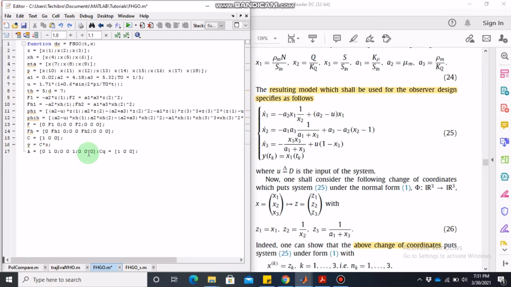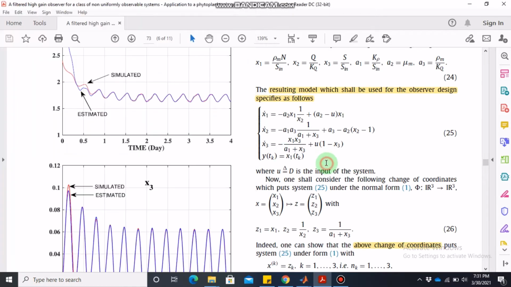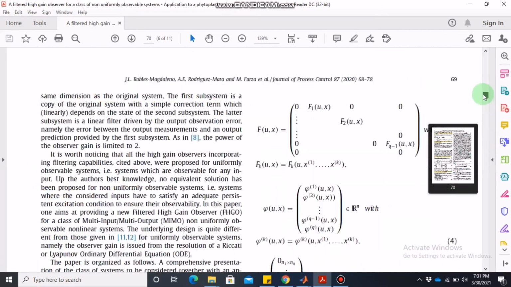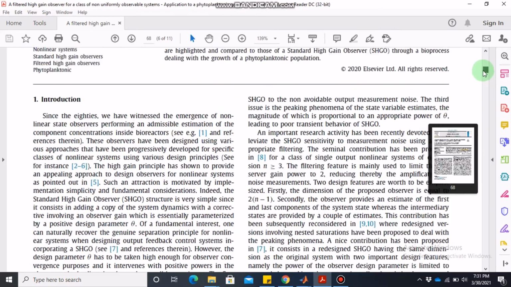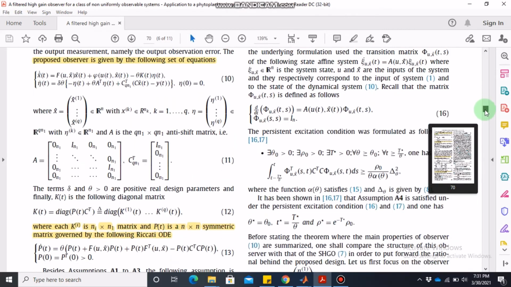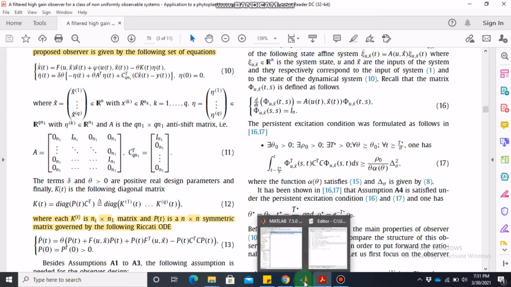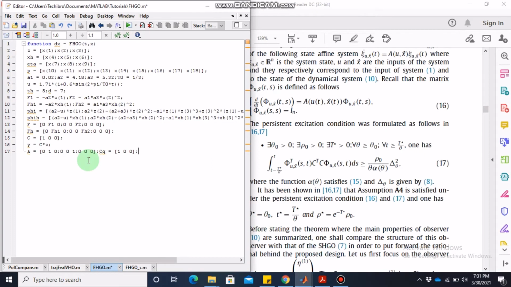Then we have this A matrix. This A matrix structure is given in the paper here. If you go above to the observer equations, so this is the A matrix. The entries above the diagonal are the identity matrices of appropriate size. In our case, that size is 1 cross 1, so that's the A matrix, and CQ is this 1 0 0 as given in the paper.